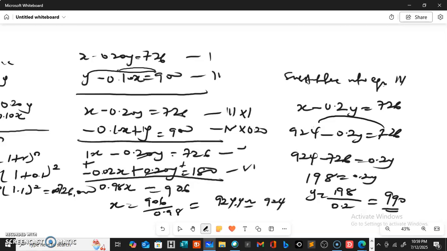Good. So at the end of the day, we now have the total cost incurred by Service Cost Center 1, as well as the total cost incurred by Service Cost Center 2. Before, we were given that Service Cost Center 1 has a cost of 726 and is going to share 20% of Y, which increased the value to 924.